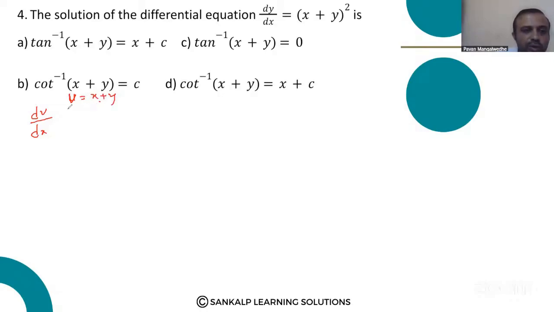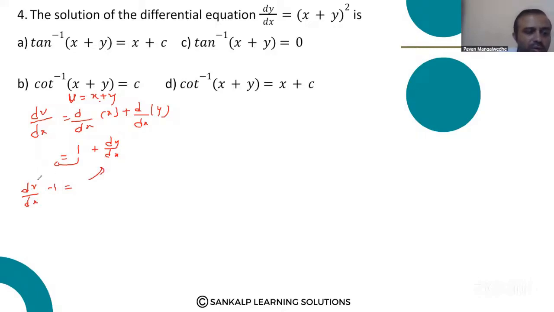Differentiating v with respect to x, dv by dx is equal to d by dx of x plus d by dx of y. So d by dx of x is 1, and the other is dy by dx. Transposing the 1 to the other side, it becomes dv by dx minus 1 is dy by dx.